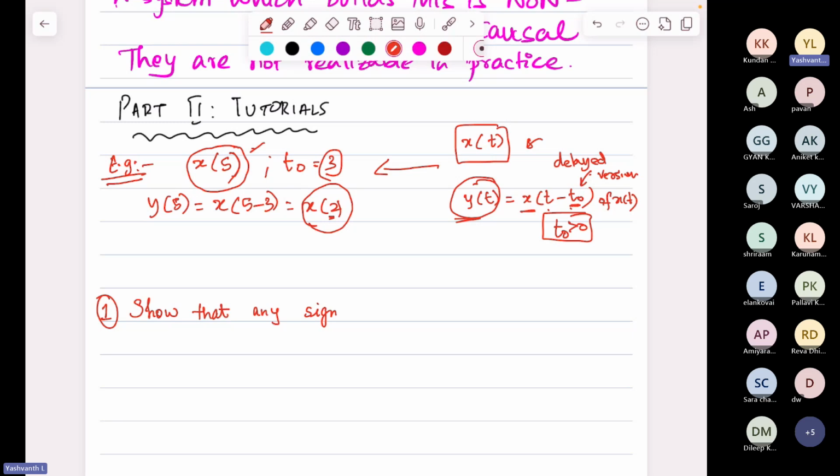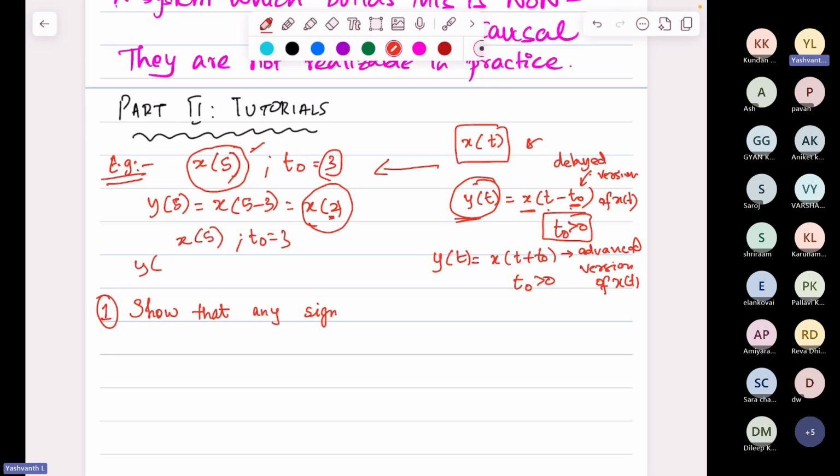Similarly, if it's advanced, it means y of t equal to x of t plus t naught for t naught being positive. This is nothing but an advanced version of x of t. Why? Take an example. Let's say I actually want to read x of 5, with the same t naught equal to 3.